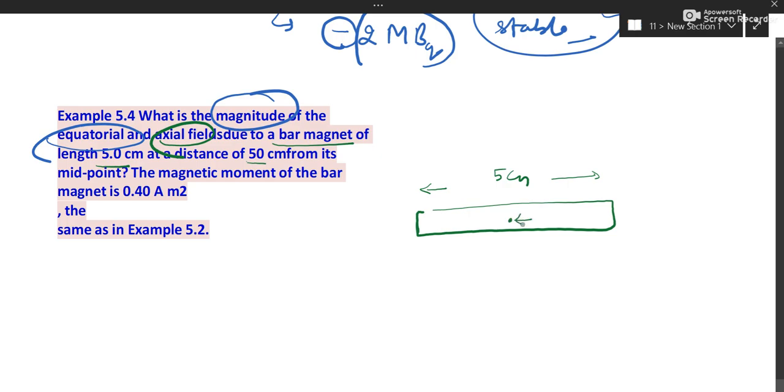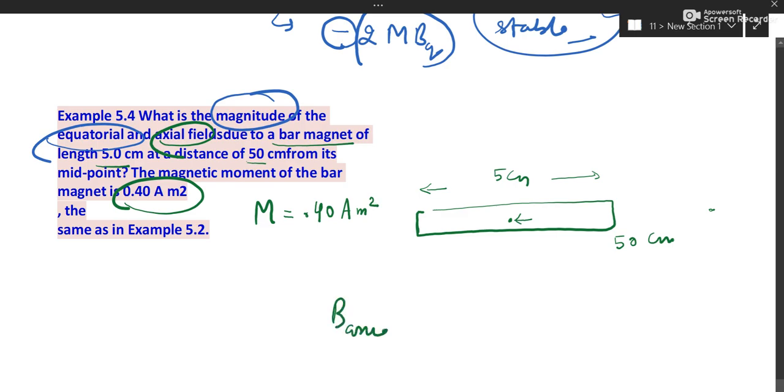And the magnetic moment is also given, 0.40 ampere meter square. Very simple.